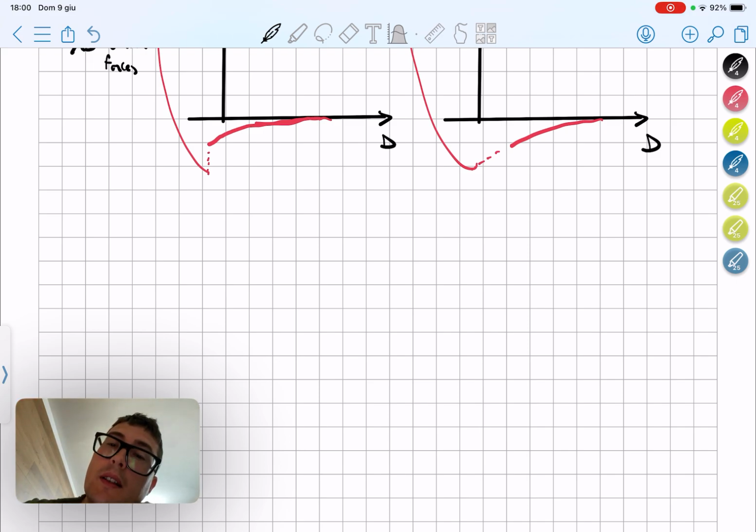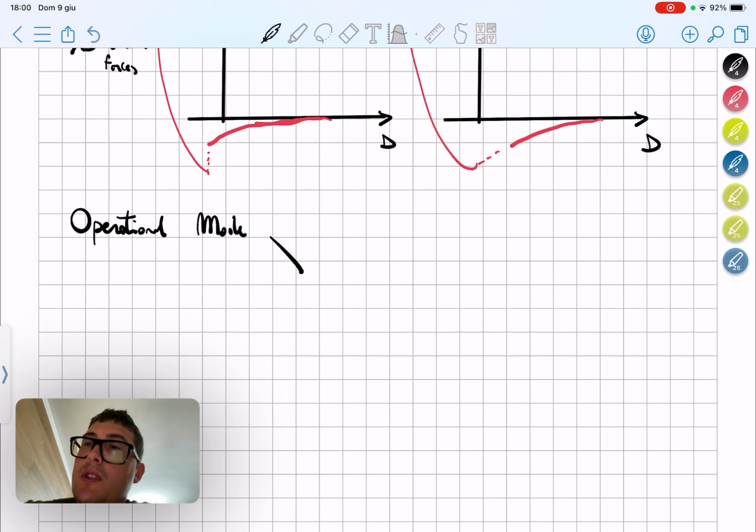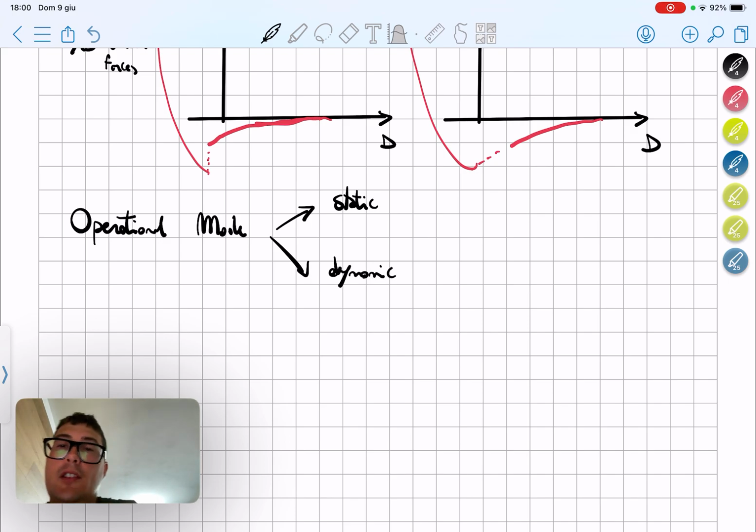So the operational mode can be of two types, can be static and dynamic. Well, it's not actually static, it's just to distinguish it from the dynamic.